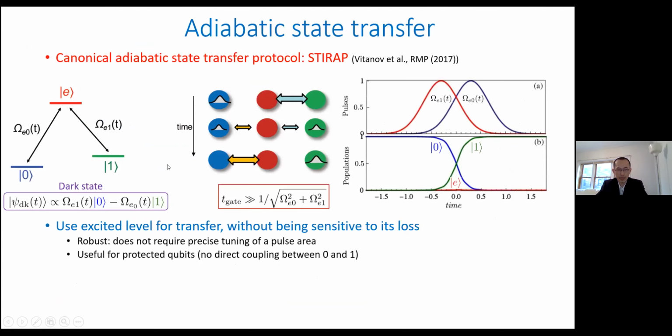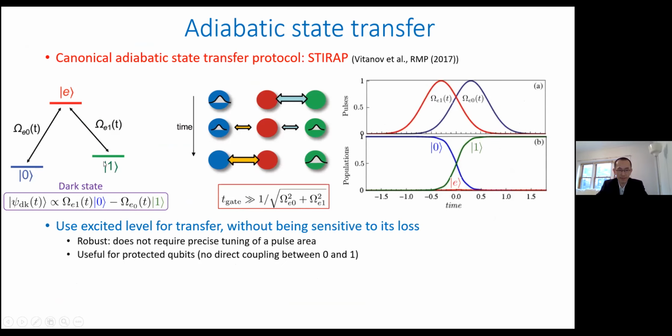So the starting point is a procedure which is well known in atomic physics and quantum optics, which is called STIRAP. And this STIRAP process basically uses these simple lambda configurations. In this lambda system, we have 2 lower states, which I call 0 and 1.